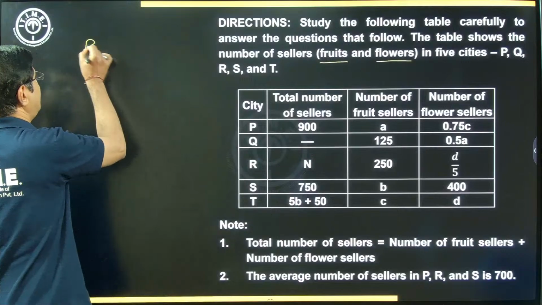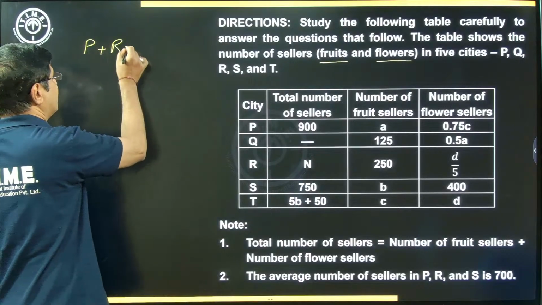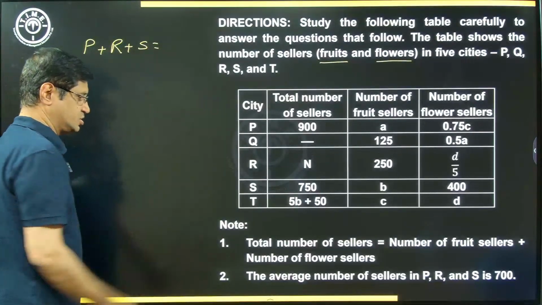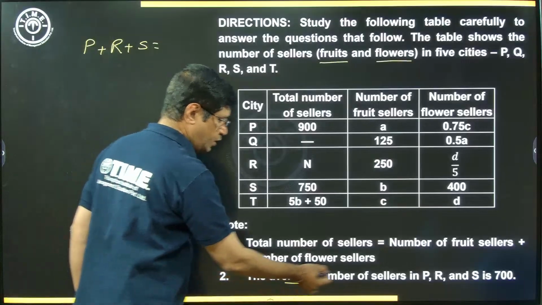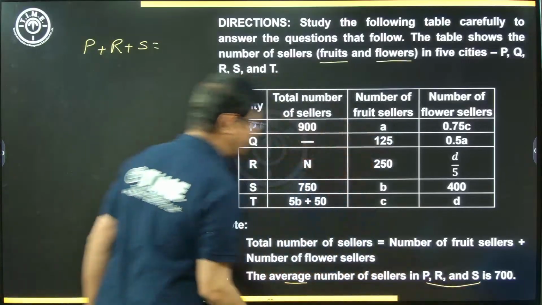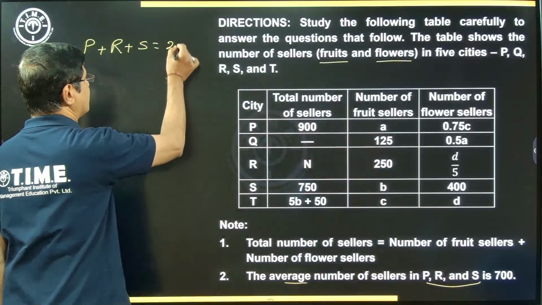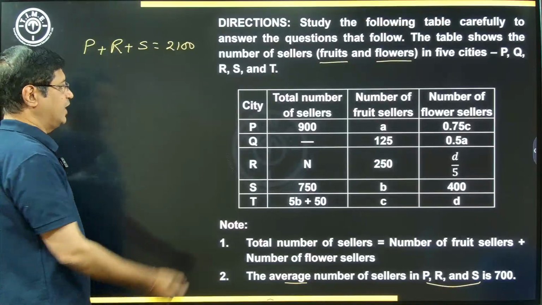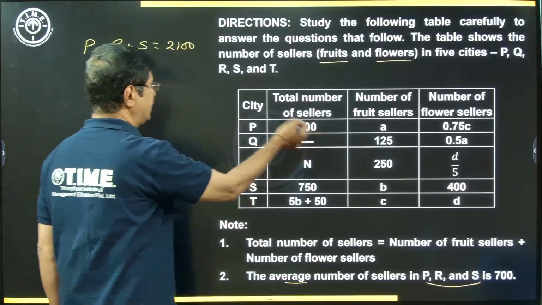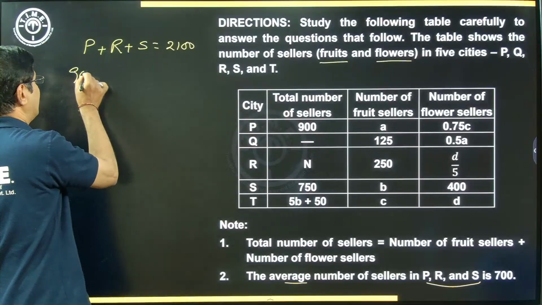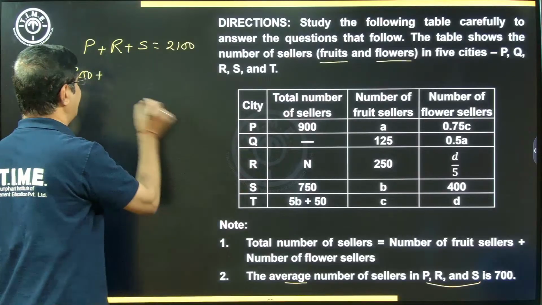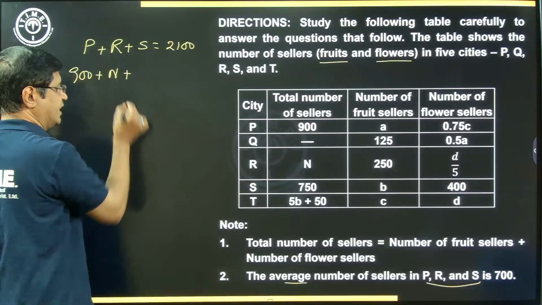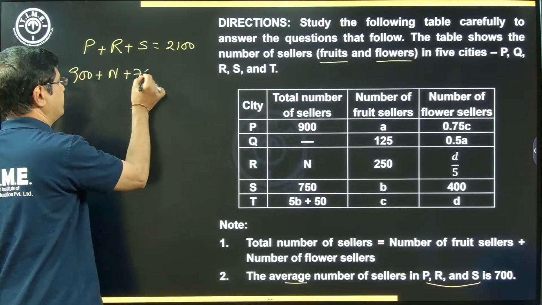Dear students, P, R and S, average is given. Average is 700 means sum is equal to 3 times 700, that is 2100. The value of P is 900, the value of R is N, and S is 750.